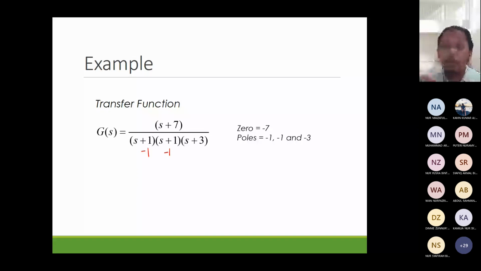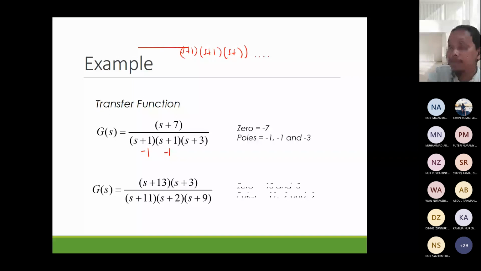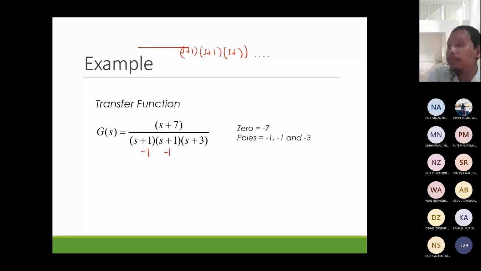Even though there are two minus 1, you still have to write 2 times minus 1. So let's say if you have s plus 1 many times, you have to write all of them. So the poles are minus 1, minus 1, minus 1, and so on.